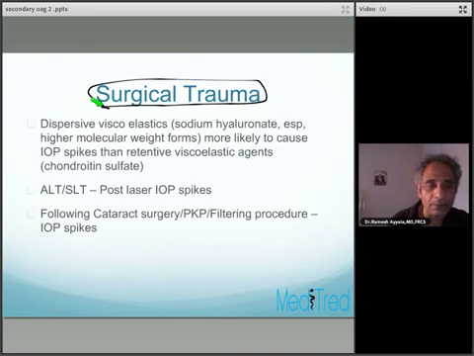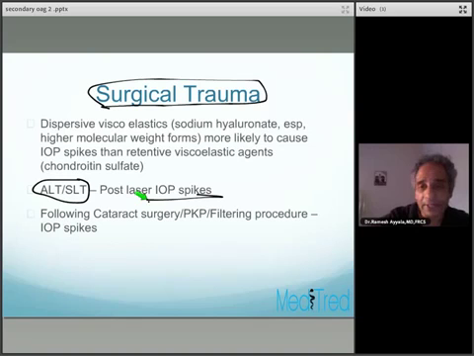out the viscoelastic completely. With ALT and SLT, the laser trabeculoplasties, especially in the presence of pigmentation such as pigmentary glaucoma, too much energy can give rise to post-laser IOP spikes. So it's something that you have to be aware of. You can avoid these IOP spikes by the use of an alpha agonist prior to the laser procedure.